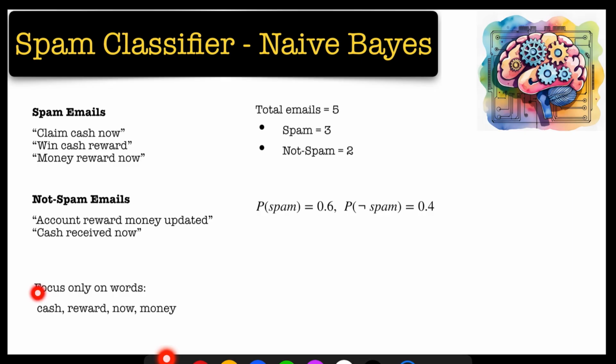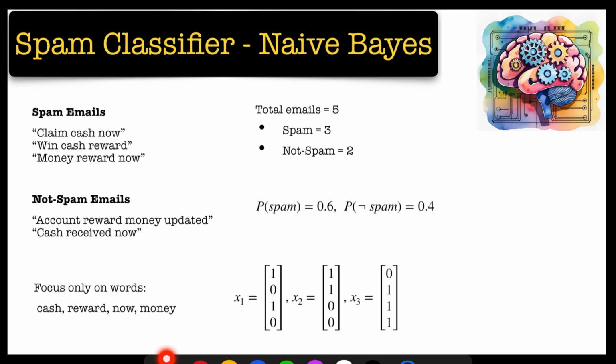Also consider, we'll just focus on these 4 words: cash, reward, now, money. Other words I am ignoring here. So there are only 4 words in my vocabulary now, and each mail can be represented as a 4-dimensional vector. For the first mail, claim cash now: how many times did cash occur? 1 time.